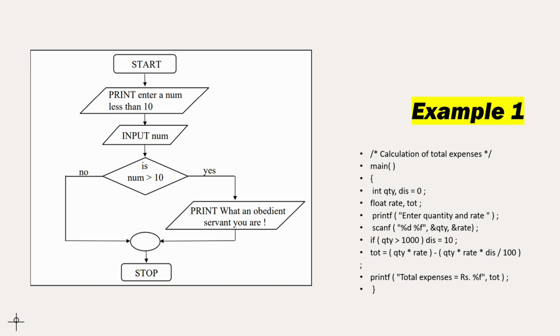This if statement instructed the code to display this message, which is print what an obedient servant you are. So that is the statement that it wanted us to display. After that, the control exited the if statement, and this circle indicates any other statements that are written after it, and then the control exited the program.